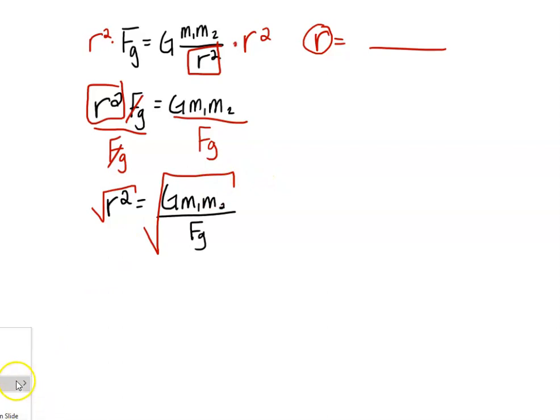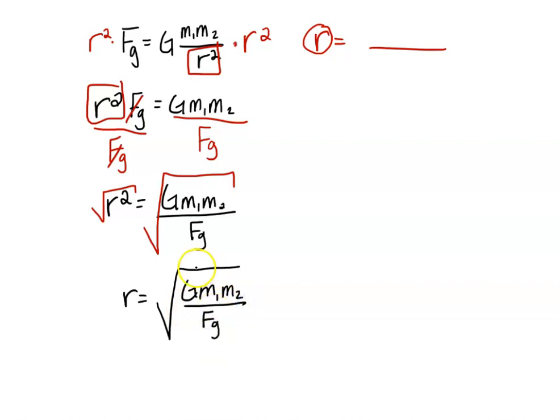And there's two different ways that I can write this. I can write it as r equals the square root of G, m1, m2, divided by f sub g. And this is perfectly fine. But oftentimes you write quickly and you don't make the square root sign big enough, and you might miss the fact that it's the whole equation and only have it applied at the top, and it can get messy.